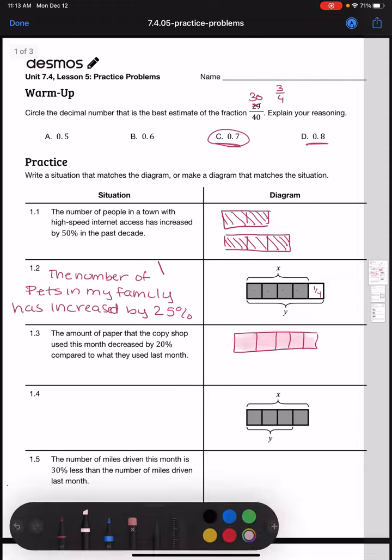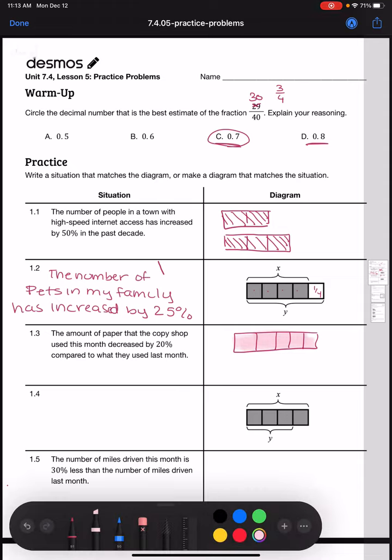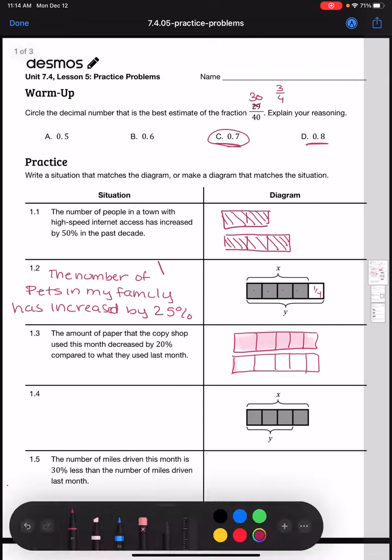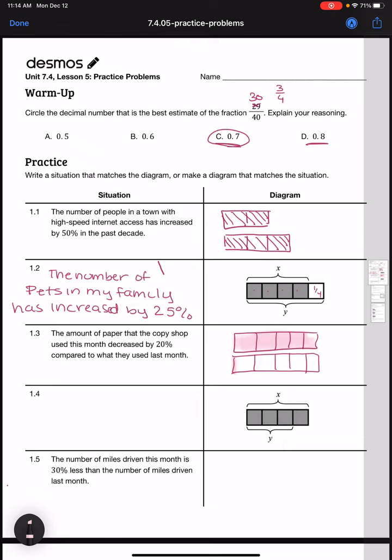But now it's decreased 20%. I'm still going to have 5 slots here, but now it's decreased by 20%. So instead of having 100, I'm having 20, 40, 60, 80.